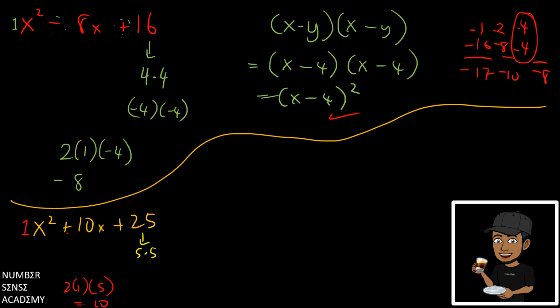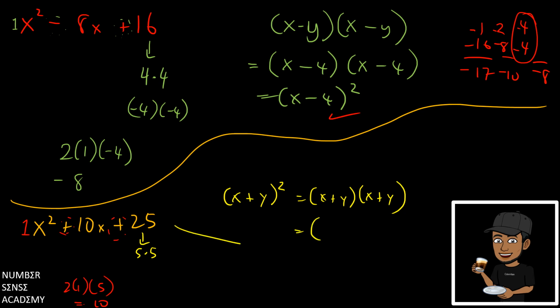Also, this plus sign tells me that the numbers I'm going to be using are positive. So this just follows the rule of x plus y squared, or x plus y times x plus y, which in this case is x plus 5 times x plus 5, which is just x plus 5 squared. So if you can spot these and work them out, then by all means do so.